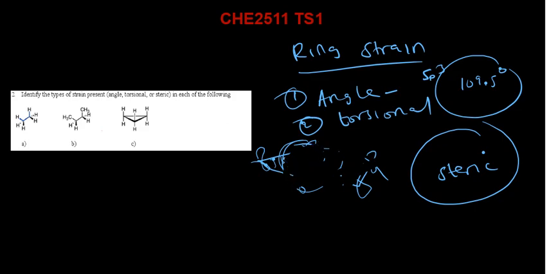How about torsional strain? So you have to be able to differentiate angle strain from torsional strain. Torsional strain, on the other hand, is a result of eclipsing, when atoms that are separated by three bonds are aligned, one atom behind another atom.